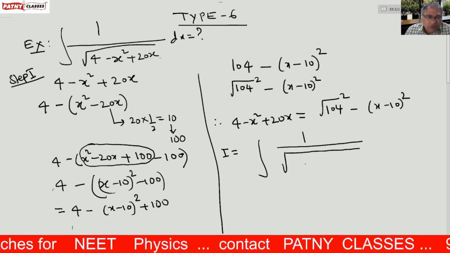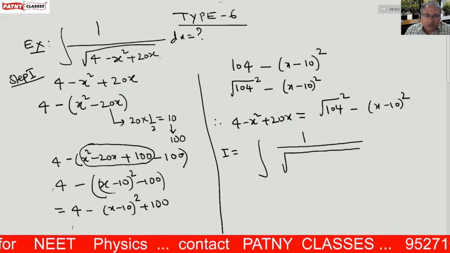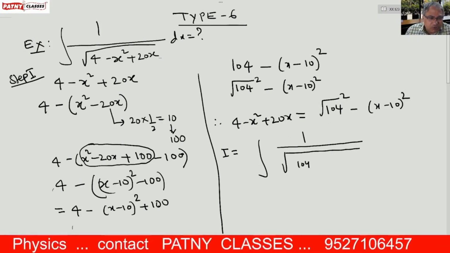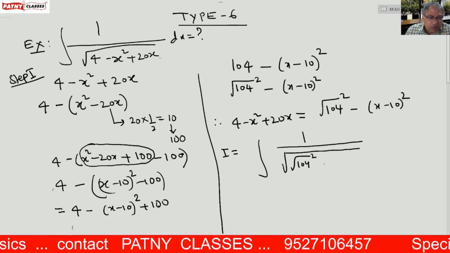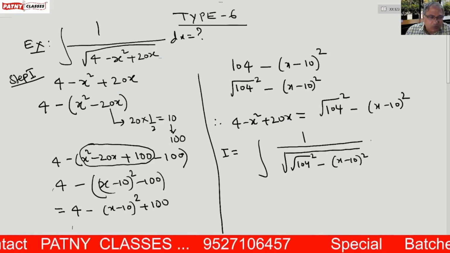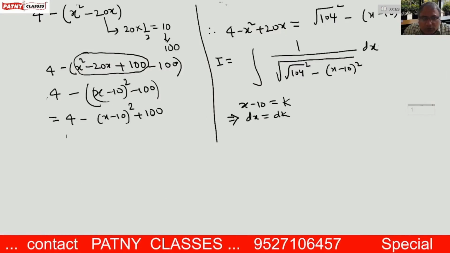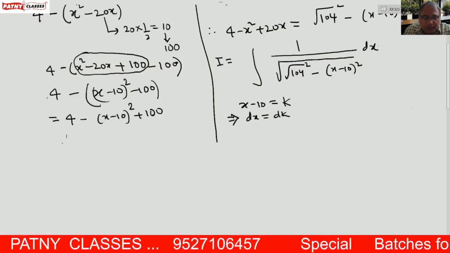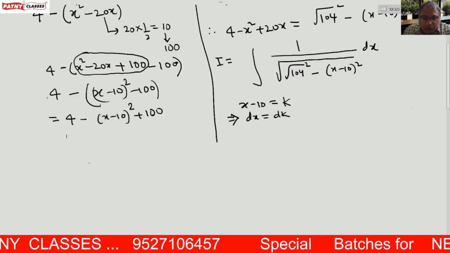Now what is under the root? 4 minus x square plus 20x equals root 104 square minus x minus 10 whole square. To convert into the standard form, I keep x minus 10 equals k, therefore dx equals dk.